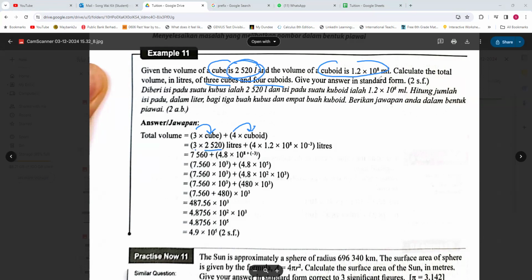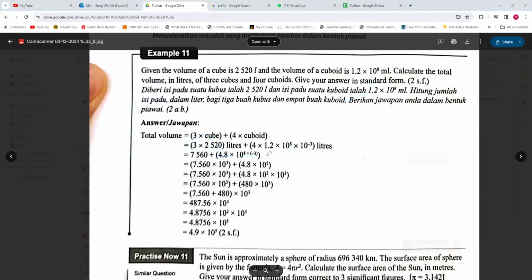Whereas the cuboid is this amount, however, it's in a milliliter. So then the last step is you need to change milli into 10 power something. Milli is just 10 power negative 3. Then here, what they do is you multiply here, you get an answer there. You multiply here, you get an answer here.